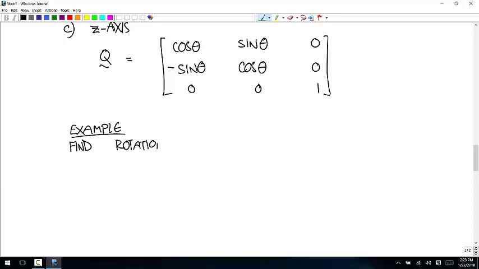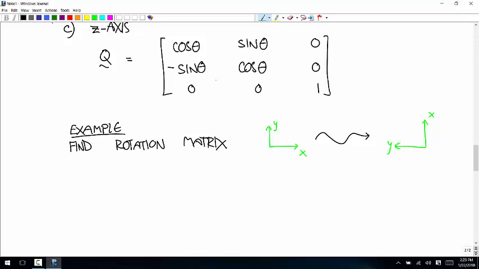Find the rotation matrix that takes the standard coordinate system and re-expresses the vector in a coordinate system like this: x, y, and then z is the same.